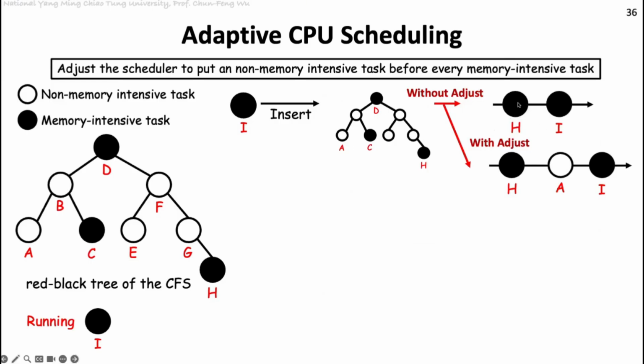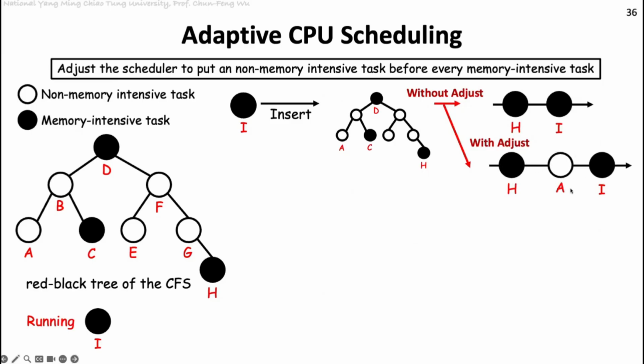What do I mean? The schedule sequence is memory intensive, non-memory intensive, and then memory intensive. When you are running H, you will kick out a lot of patches. Then when you are running A, because A is a non-memory intensive task, it doesn't really need to move too much data in memory, and the CPU can just make progress on process A.